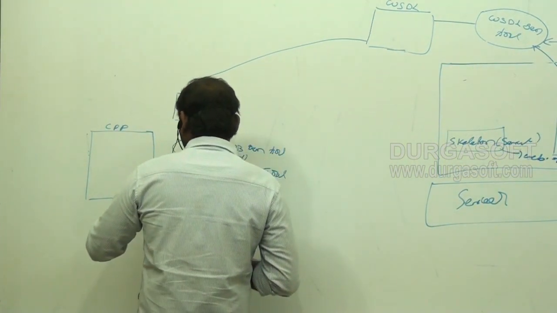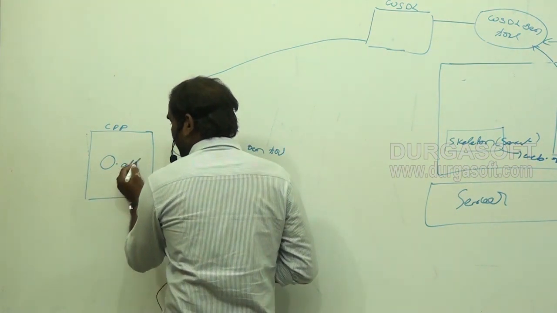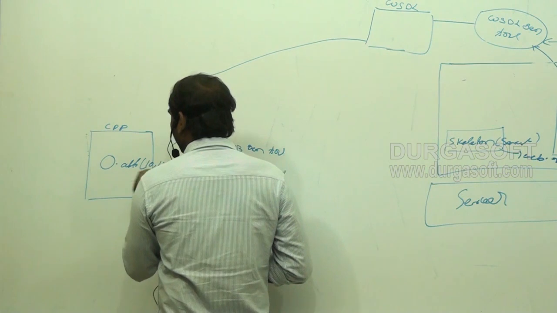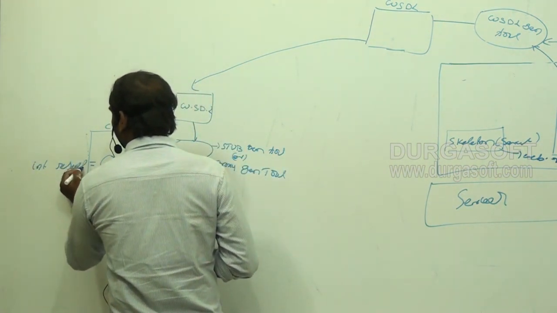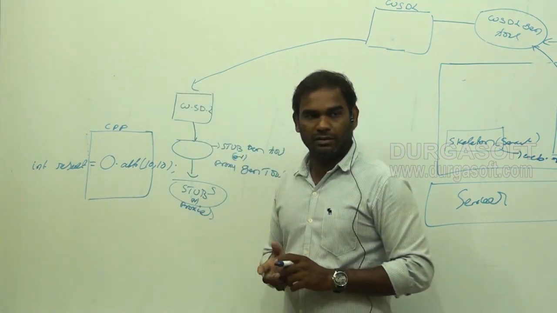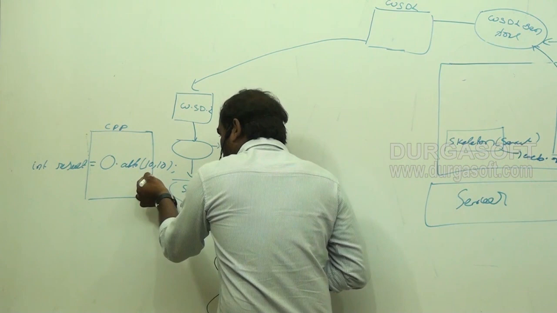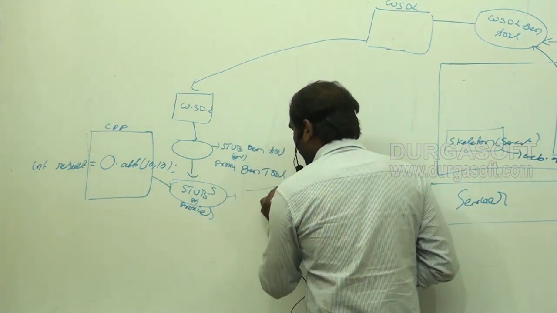Now the client will create this stub object. On the stub object he will invoke this method, let us say with 10, 10, and he will get the return value into result. Clear? So now the flow comes here. What will the stub do? The stub will prepare the SOAP request.